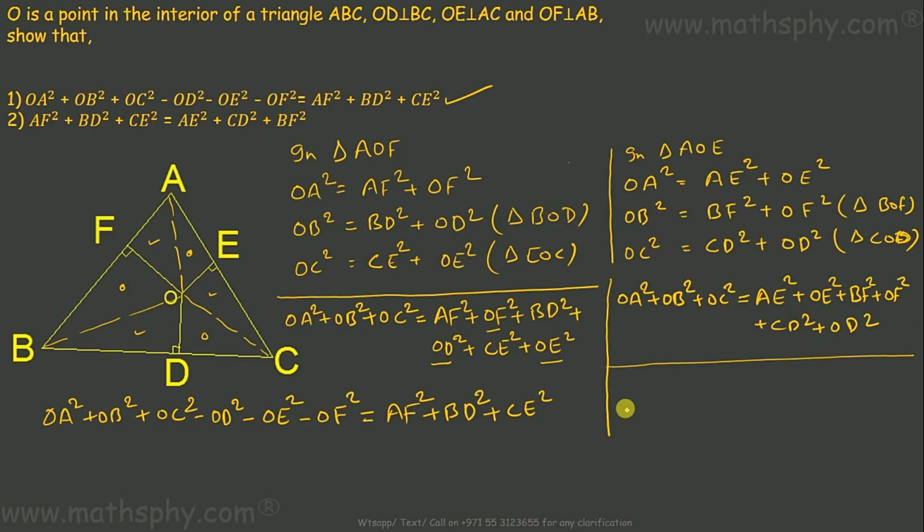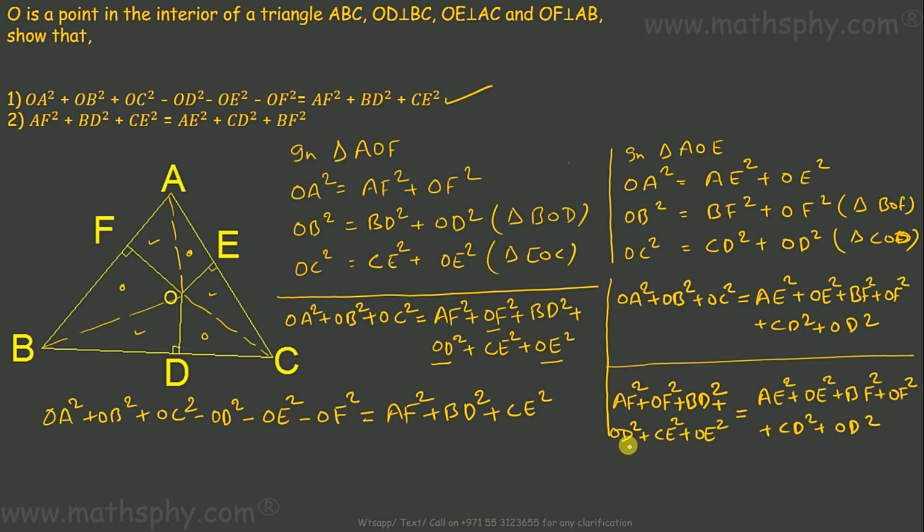I have OF square here and OF square here. You take this OF square this side, this becomes negative. OF square minus OF square will give you 0. That's why we can cancel it.